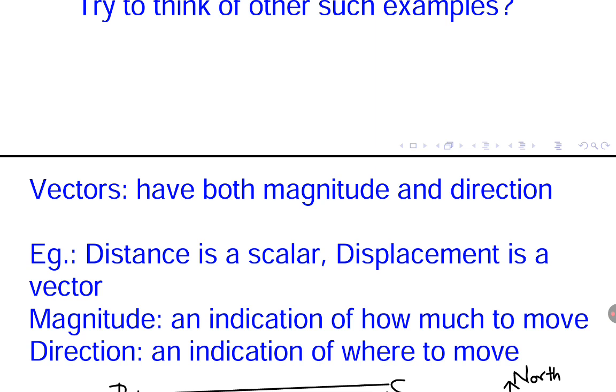So magnitude is an indication of how much to move. It's a scalar quantity, right? And then we have a direction associated with that magnitude, an indication of where to move.